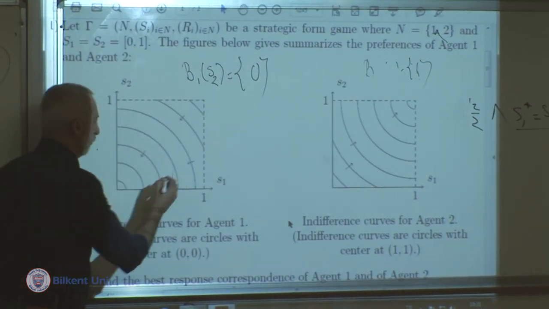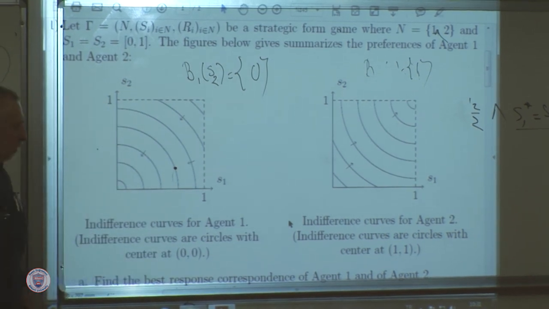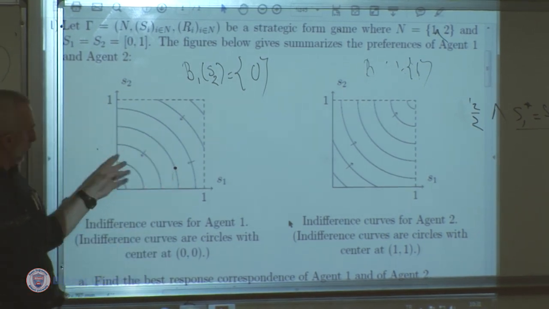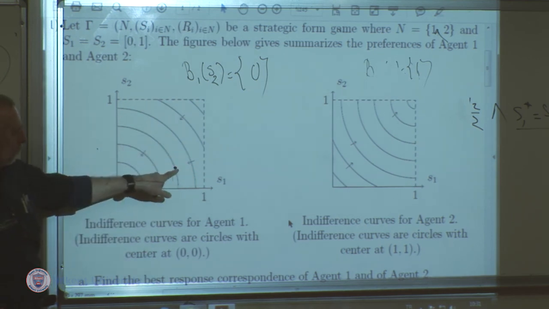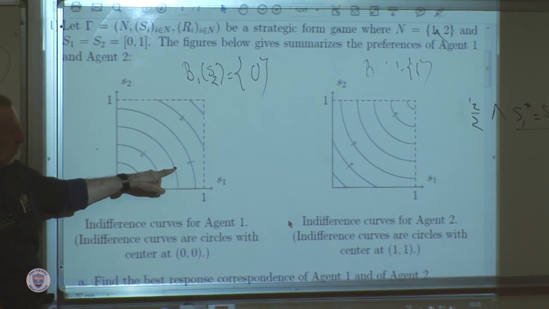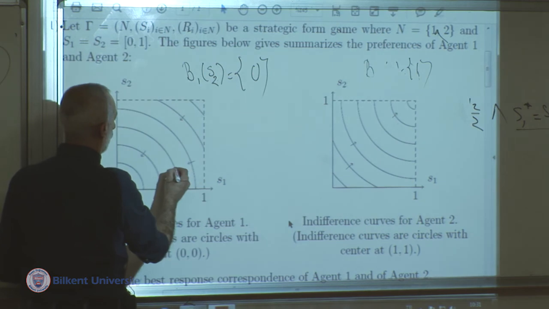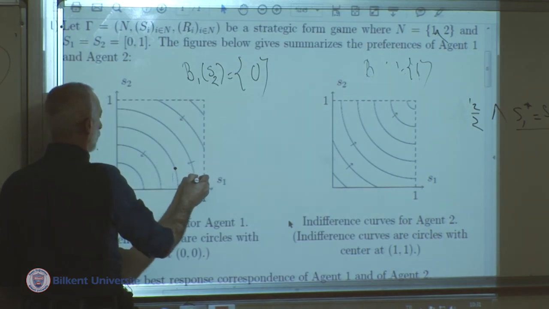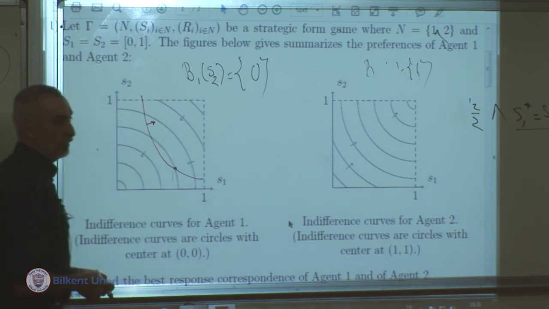If I want to decide whether this point is Pareto efficient, I need to know what agent 1 thinks about this point, which is already in here, but also what agent 2 thinks about it. So I have to draw an isocurve of player 2 through this point. When I cut it here, I have an indifference curve which goes like this, and the direction of increasing preference is in this direction.